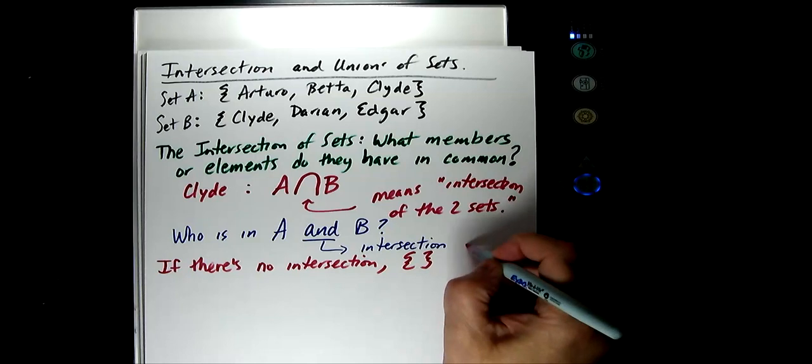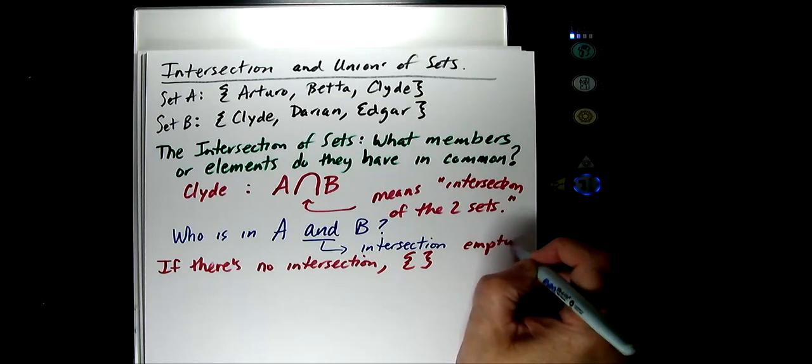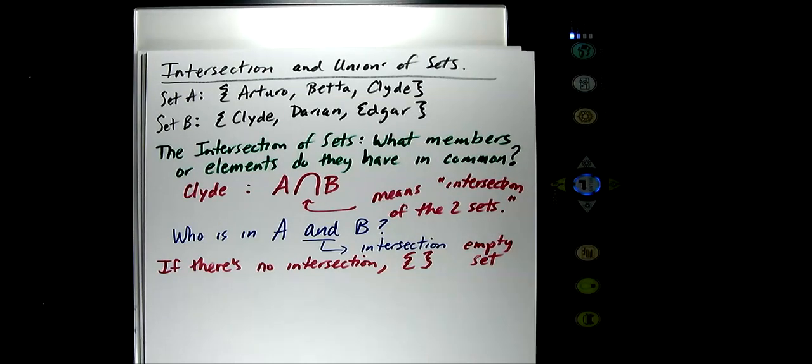And it means empty set. The set's empty, there's nobody in it. I use people, but this could be anything. We could look at a deck of cards and go, where's the intersection between queens and hearts? We'll do that in a second, actually.